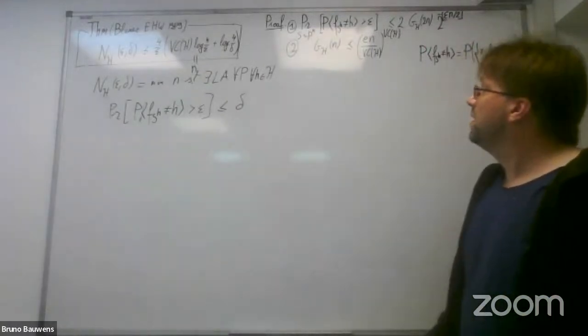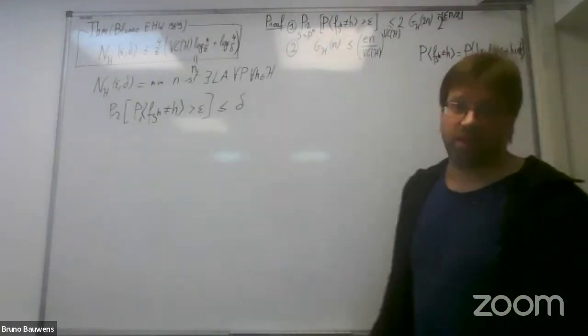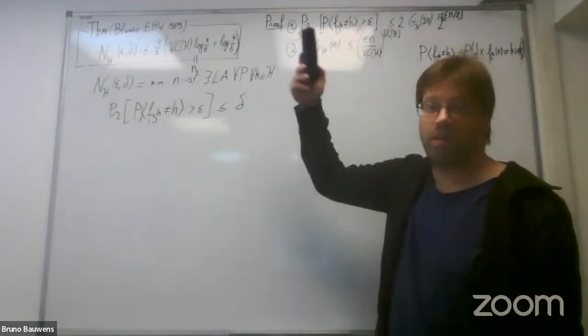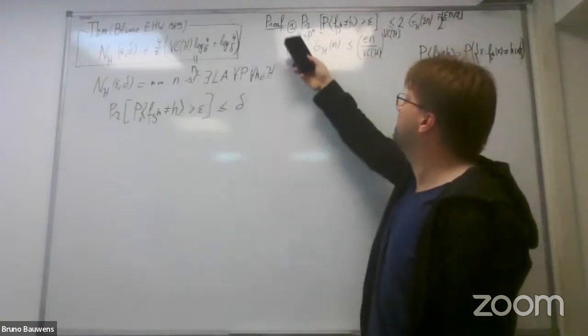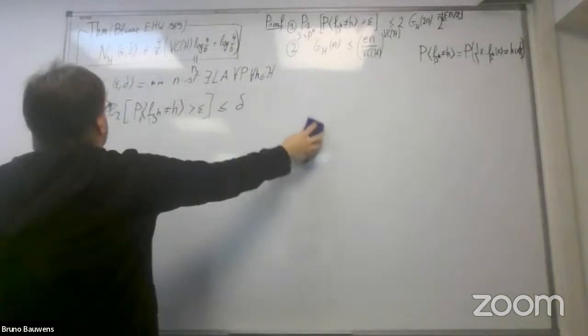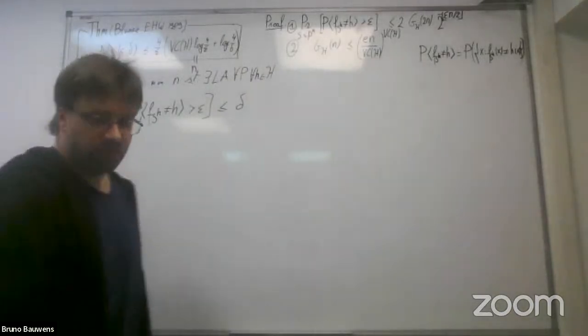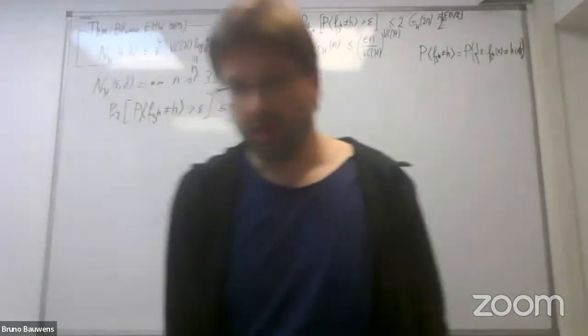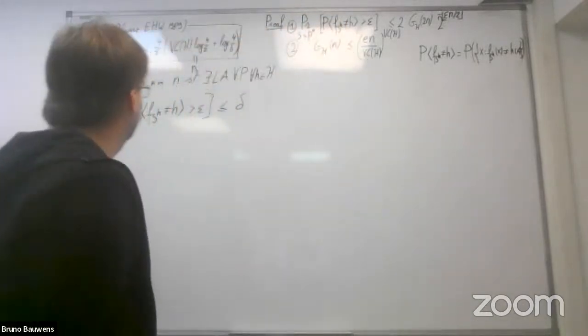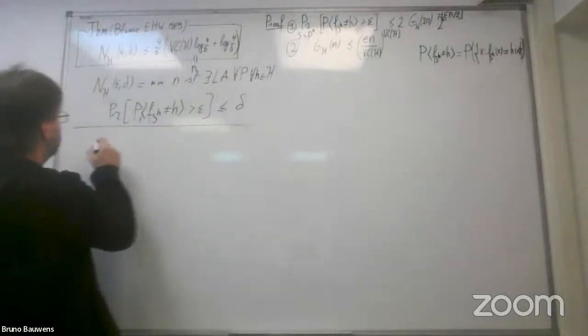Okay, so the only thing we will do this lecture is define the sample growth function and VC dimension and prove 1 and 2. Okay, so what does growth function mean? Let me write down the definition.